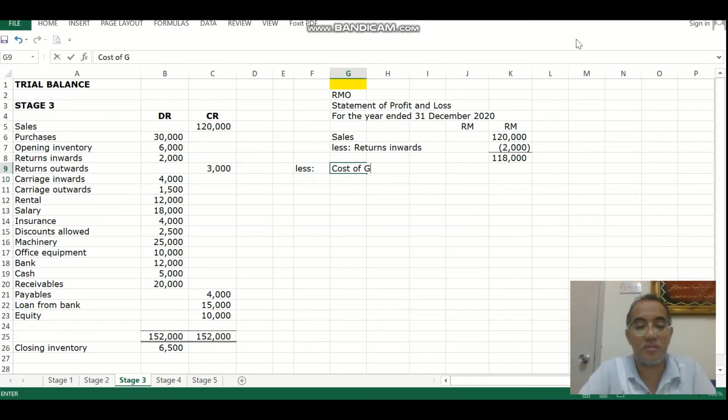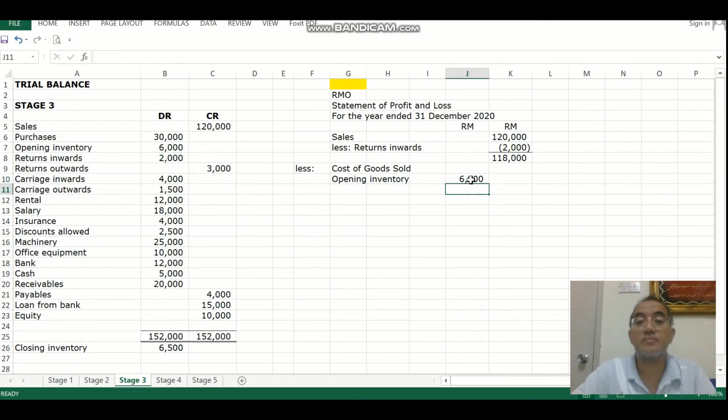cost of goods sold. Our cost of goods sold consists of opening inventory. So our opening inventory is 6,000. Put here 6,000, and then we add our purchases.